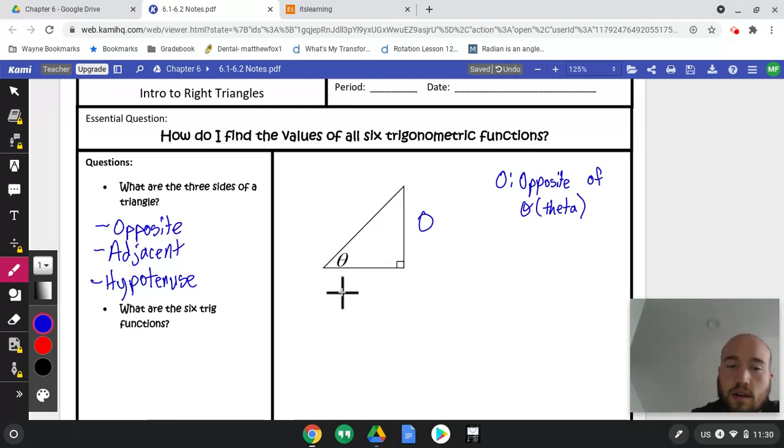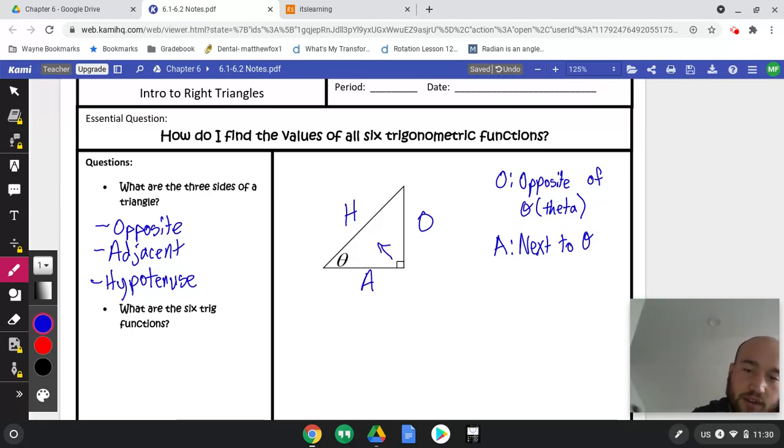Okay, now our next one, adjacent. This word adjacent means next to, or like beside, so next to theta. So that would be down here. It's right beside it. Now I know some of you might think this one is also next to it. I agree, except that is our hypotenuse because it is opposite from the right angle.